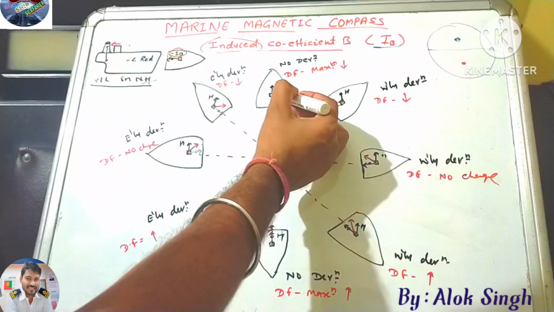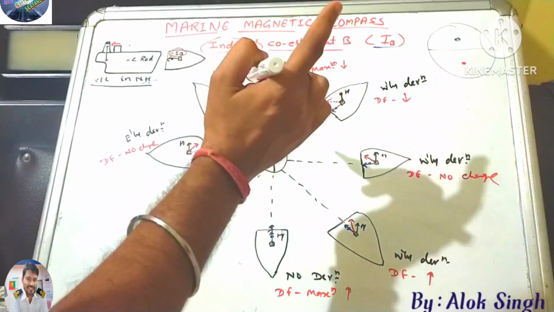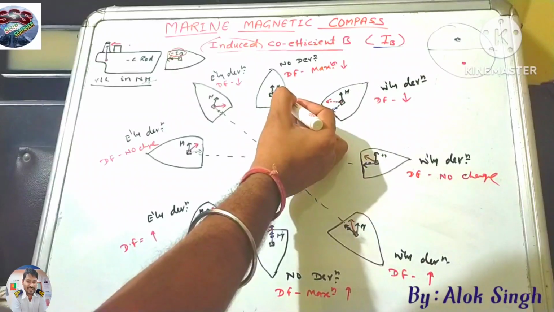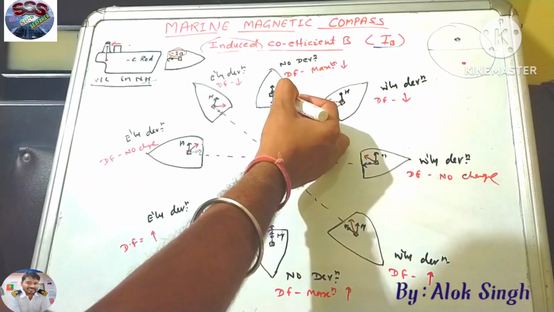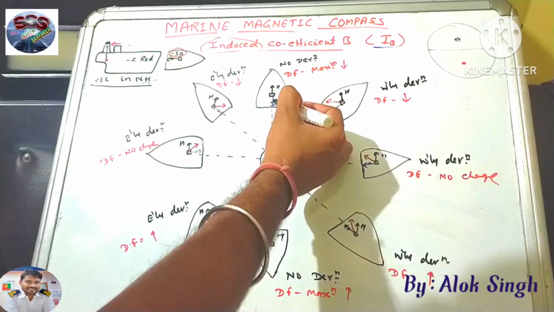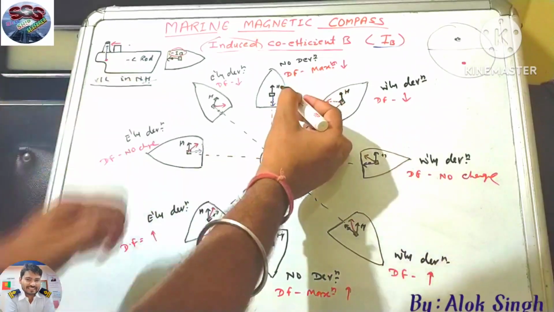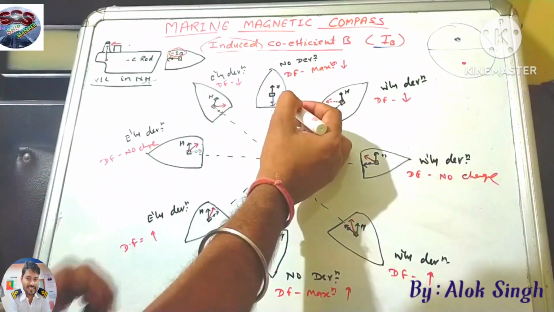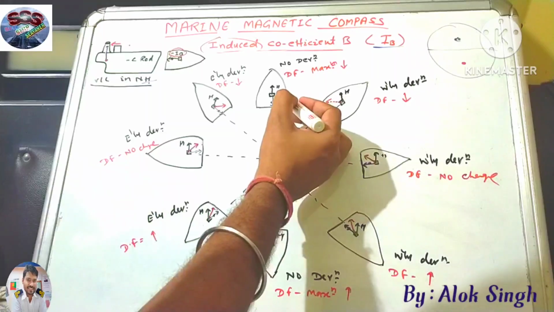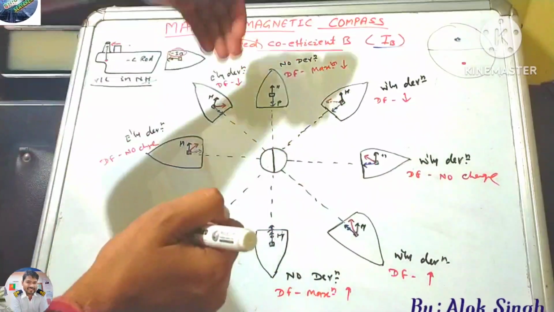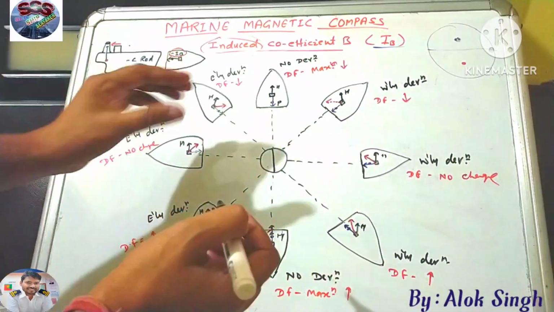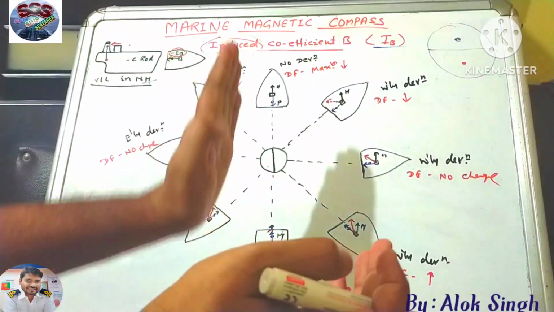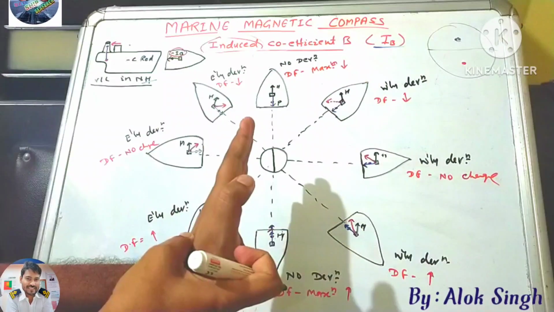We have already said that we will only study the red end of the compass. So the red end will be attracted by this blue end. Suppose this is because of H and this is because of some force P. It is trying to pull in the opposite direction.